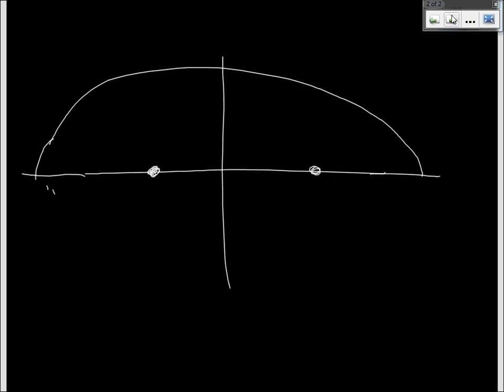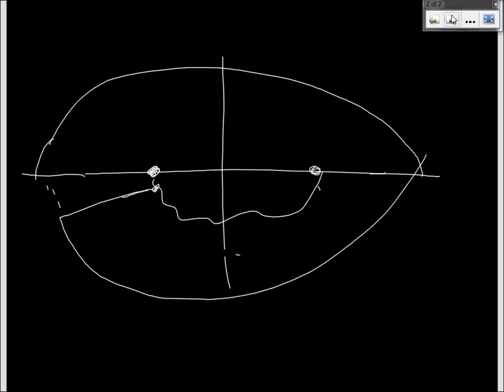And now, if you put the string down here and you pull it, you put your pencil there and you pull all the way to the right and you sketch out, you would get an ellipse. That is the definition of an ellipse. Well, a circle is an ellipse.